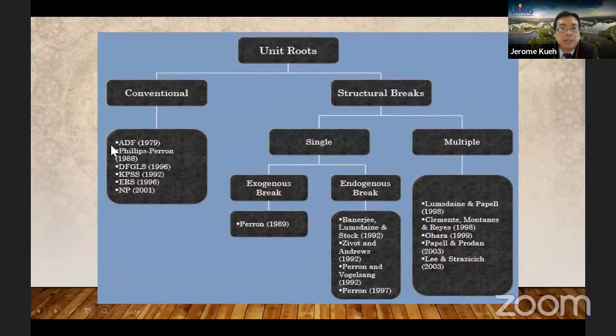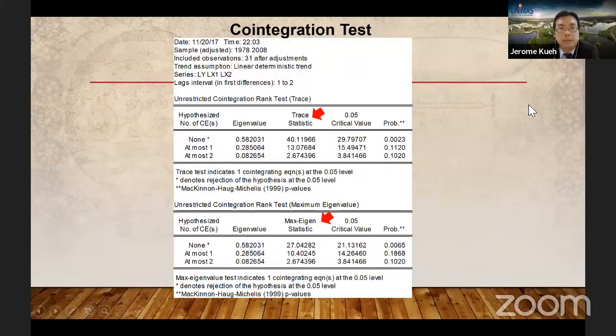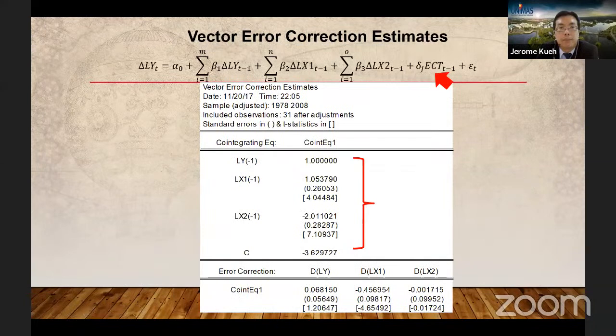Conventional ones include the Augmented Dickey-Fuller and the Phillips-Perron, so there are a lot that we can choose from. If you want to incorporate the structural break, there are different structural break methods that we can apply. And this is the general co-integration test that we can perform, the Johansen test. We have the trace and the eigenvalue statistics that we can refer to. And this is the one that we are talking about, the VECM.